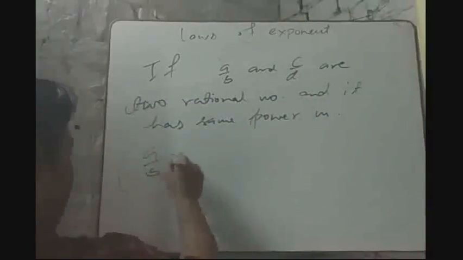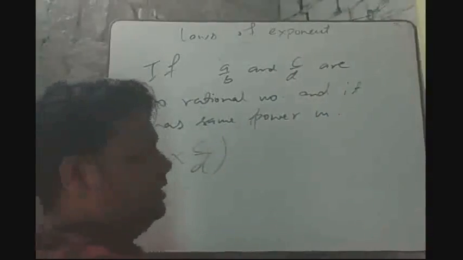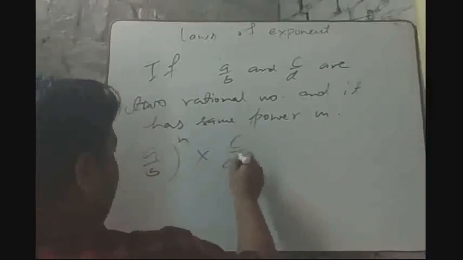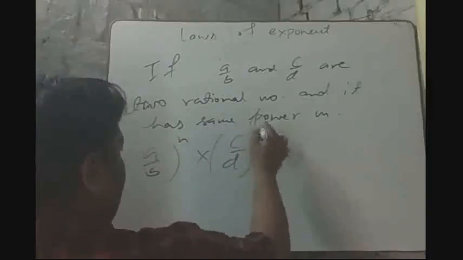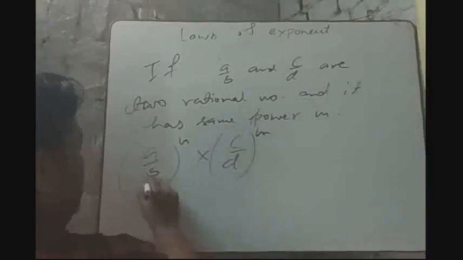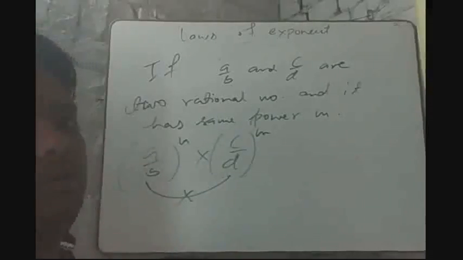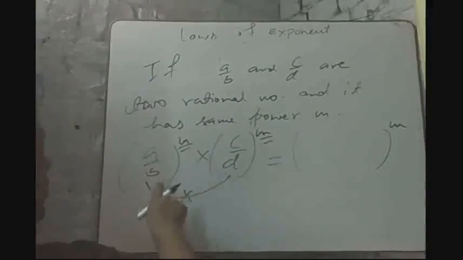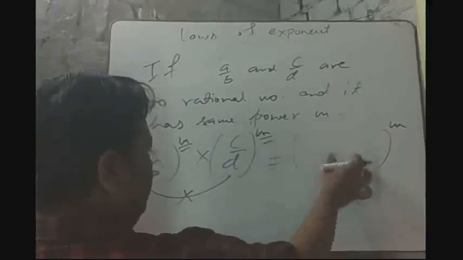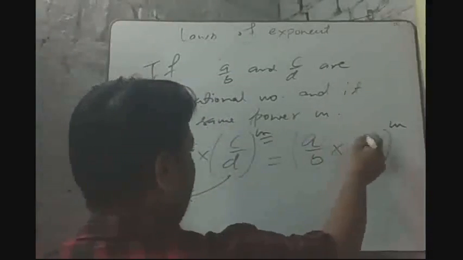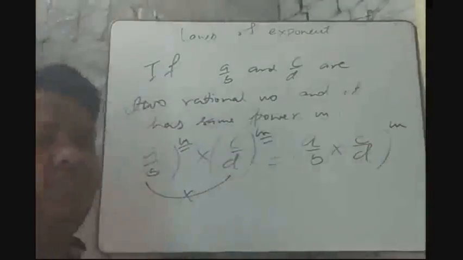We have a by b to the power m and c by d to the power m. See, here the bases are not equal, but the exponents are equal to each other. So we will make only one exponent, and these two bases will come in a bracket with their product, that is, a by b into c by d, to the power m. Like this we will write.